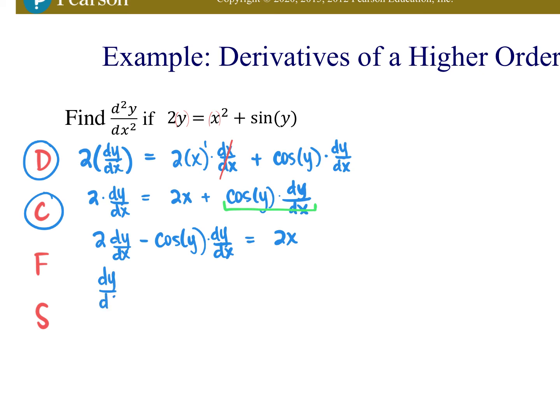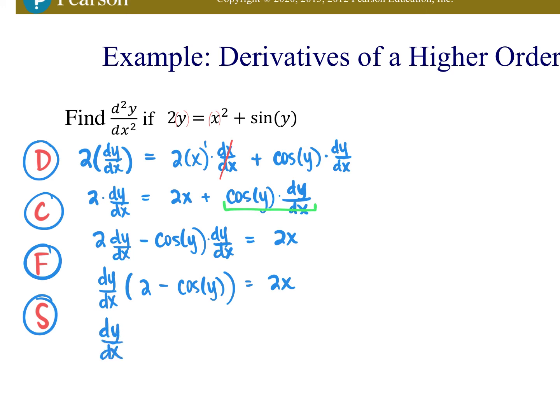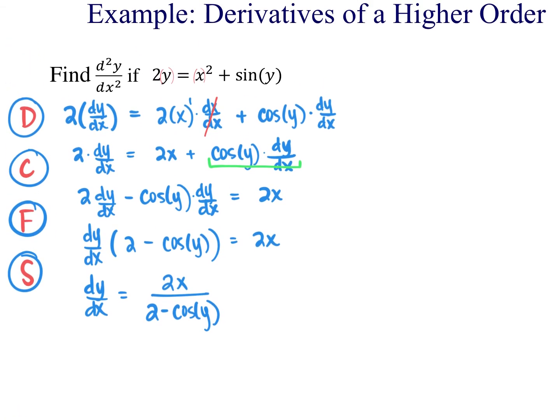Now I'm going to factor the dy dx out, which is 2 minus the cosine of y being equal to 2x. So my factoring step is done. And then I'll solve using division. So the first derivative would be 2x over 2 minus the cosine of y. Okay, that is my first derivative.